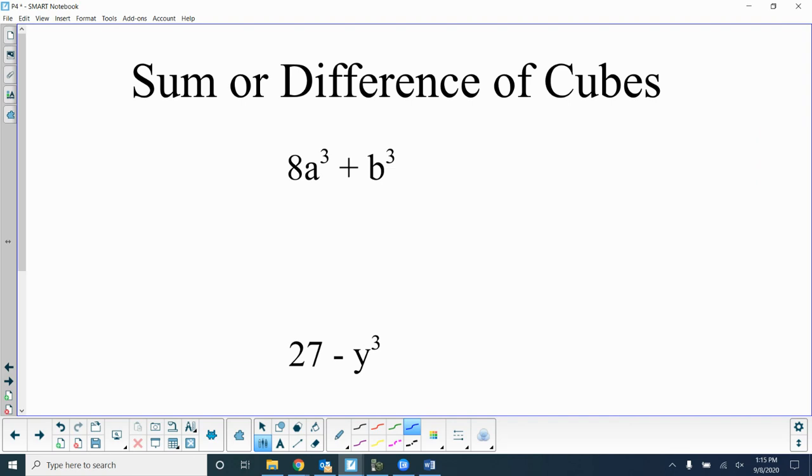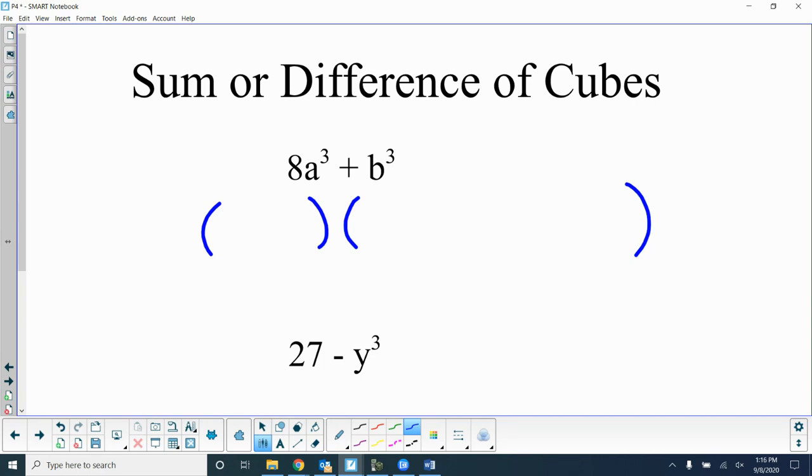So, when you recognize it's one of these, you make a set of parentheses that will hold 2 terms, a binomial, and the second set of parentheses holds a trinomial, 3 terms. So make it a little bit further apart. And these are really easy once you recognize what they are.